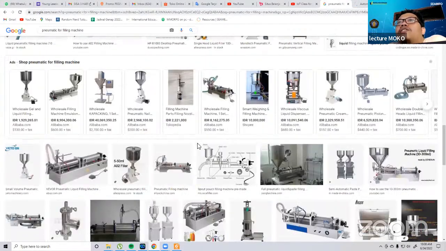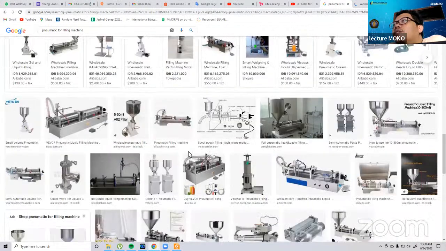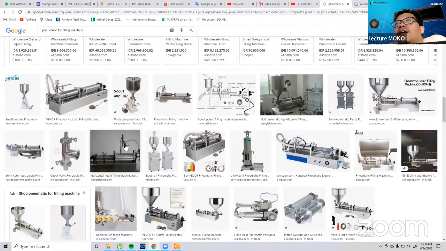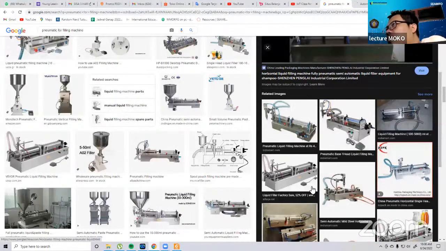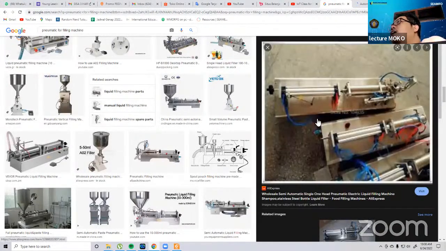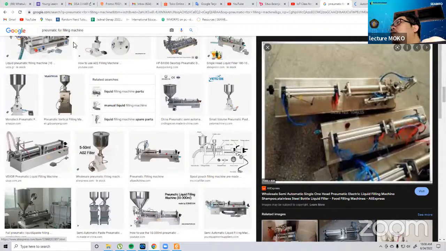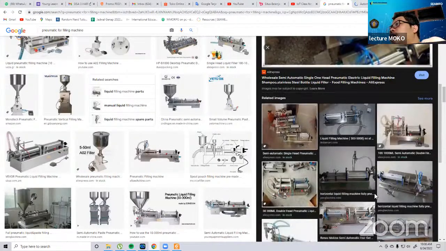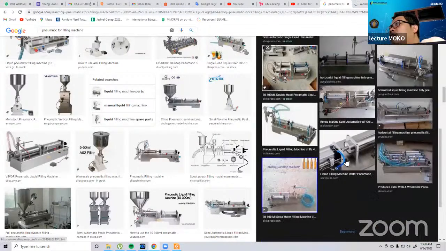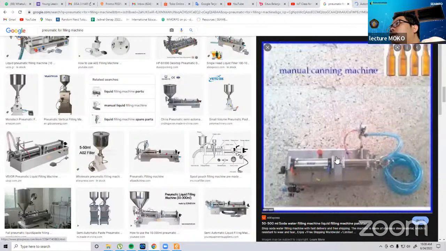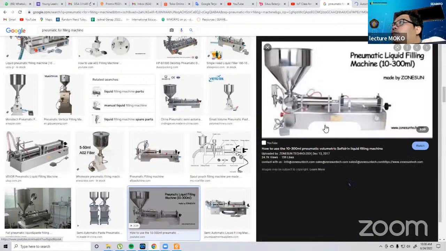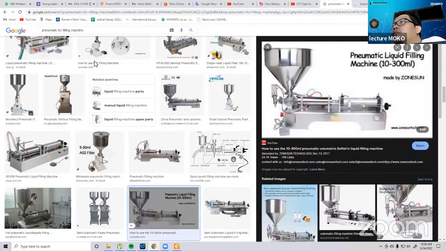There are many implementations of this pneumatic energy. Many industries use pneumatic systems for controlling and moving many types of actuators, for example, for pressing, for filling, for picking, and other types of operational machines in industry.